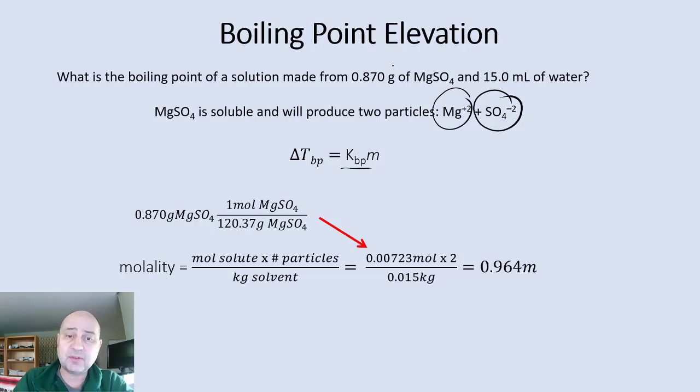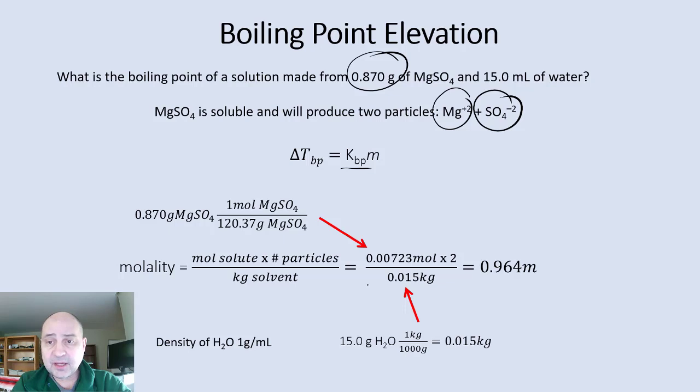I'm given grams, and so I take that and convert it to moles. That's where that 0.0723 comes from. Then the kilograms of solvent: it's 15 milliliters of water, so that's 15 grams, and in kilograms that is 0.15. That gives you the molality, and of course don't forget that the Van't Hoff factor is 2.